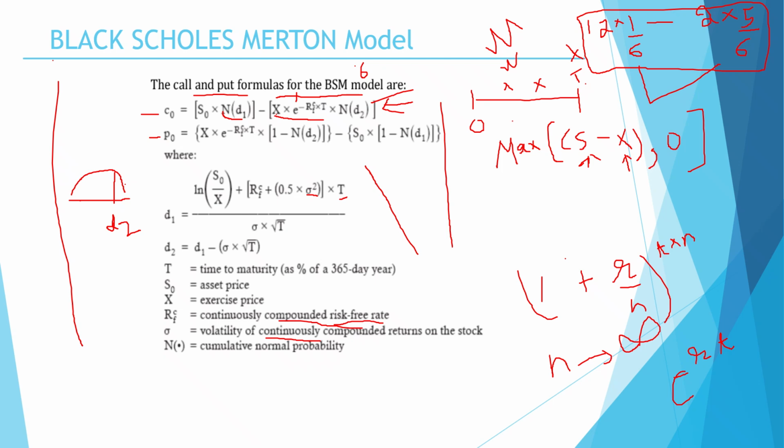So for example, it will be 0.75. It will always be greater, because it is the conditional probability. I'm just taking a hypothetical example. So in this way, we will apply these probabilities into this formula to evaluate the call option.